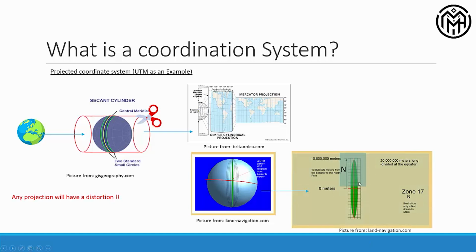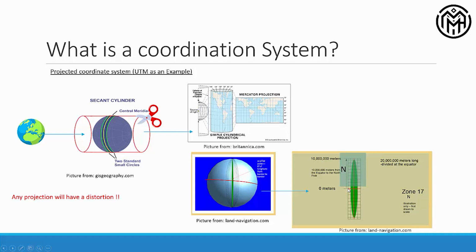So if we zoom in and look closely at one zone, we can identify where exactly my origin is, where the x-axis is, where the y-axis is, and how to work on such a coordinate system. So for example, this is zone 17 north. When I say north, I'm talking only about the upper part of this strip or of this zone.